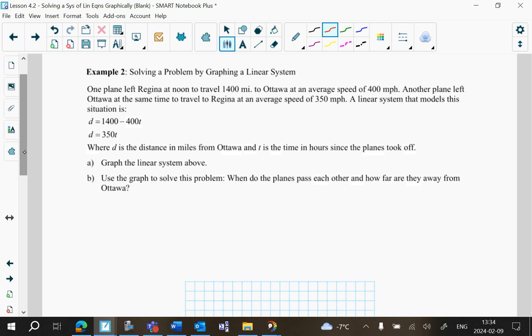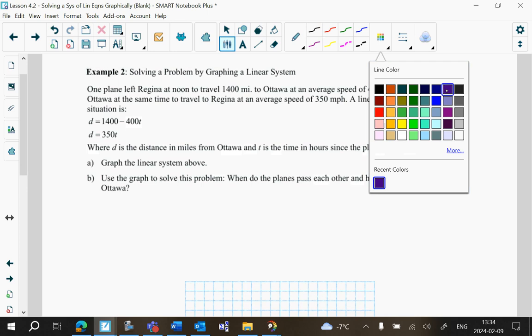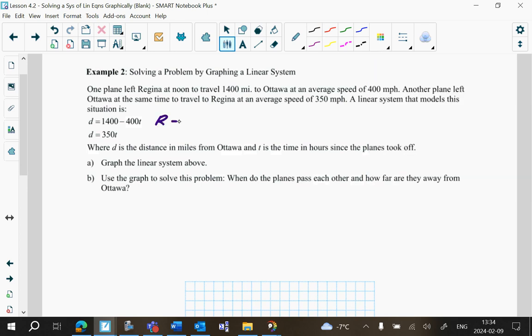So yes, this is Regina to Ottawa. Which means this must be Ottawa to Regina. And that makes sense because D represents the distance from Ottawa. So when the plane takes off from Regina, it's 1,400 miles away from Ottawa.